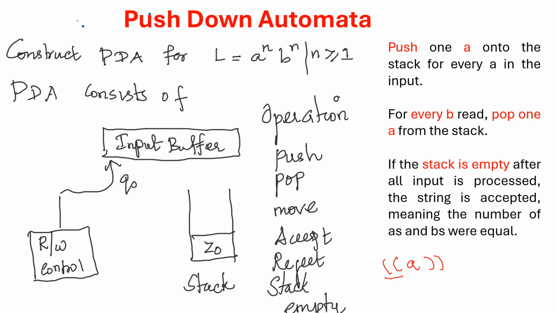First you push each open parenthesis onto the stack, and when reading other symbols, simply move the state. If you read a close parenthesis, you remove one from the stack. If you see the second close parenthesis, you remove another from the stack. Finally, the stack is empty. So this is the way of doing the operations when constructing a PDA.